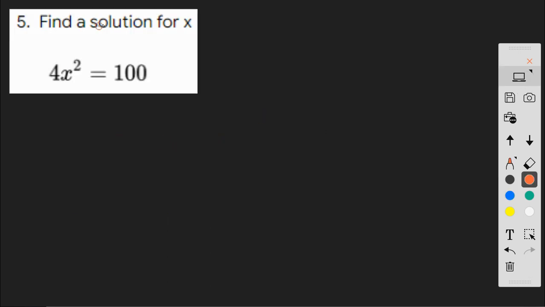Okay, question 5. We have a find a solution. Is another way of telling you to solve. Now, what we notice here is that we've got a, which means 1. Okay, so give one answer.